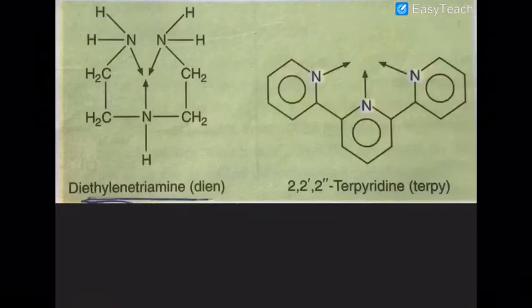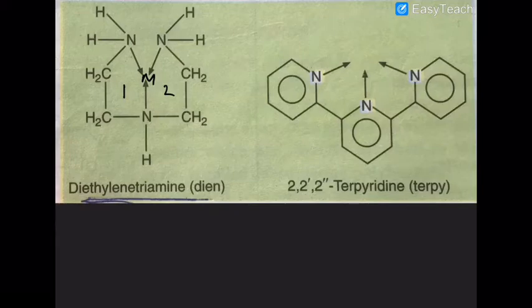Diethylene triamine. You can easily see that there is a central metal atom. Now the single ligand is able to form how many rings? It is able to form 2 rings around the central metal atom. You can easily see that one ring is this, the second ring is this. Are you getting that?